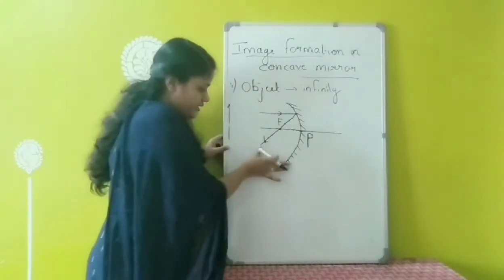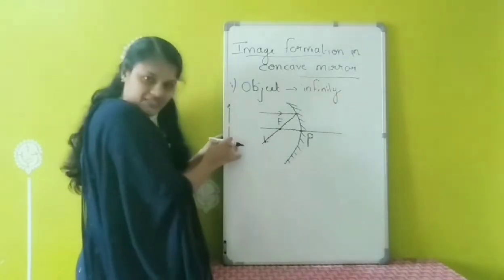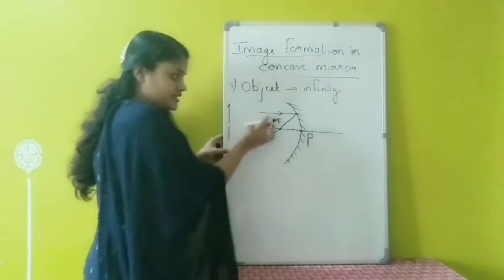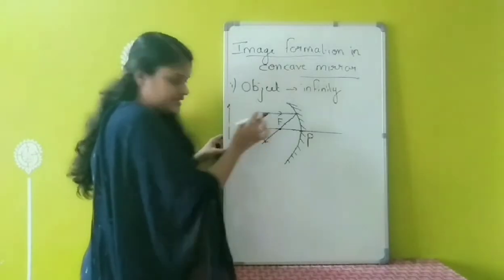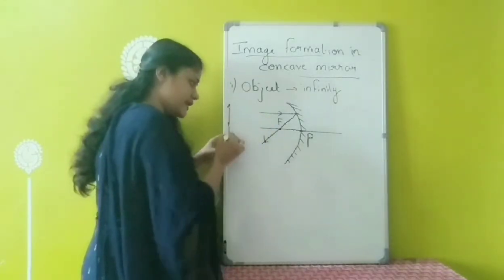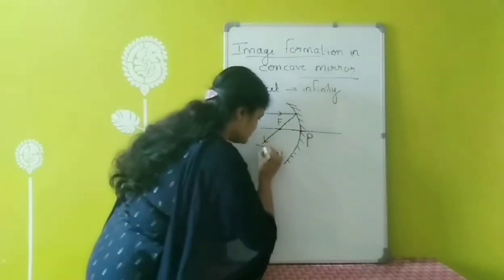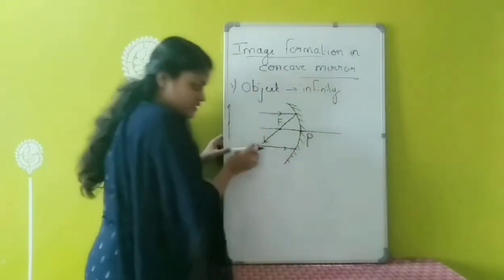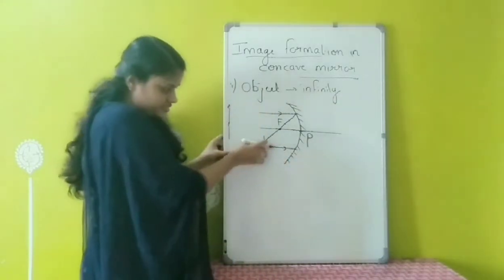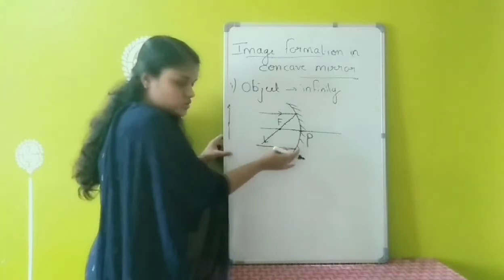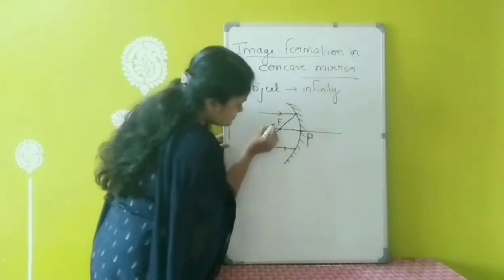Similarly, I am taking another light ray coming from the same object, that means another parallel light ray. After reflection, what will happen? It also passes through the focus.